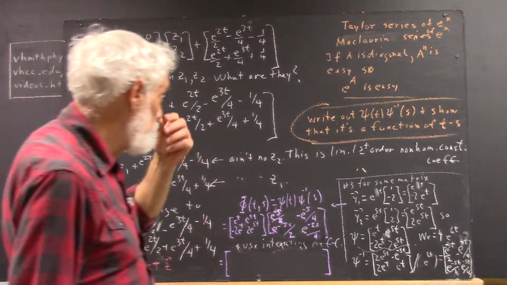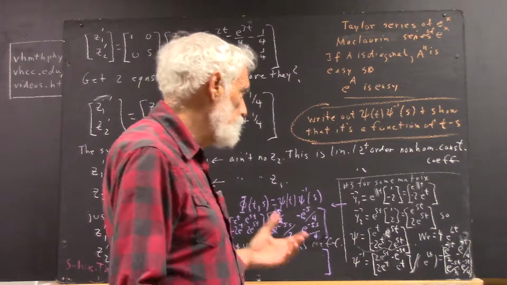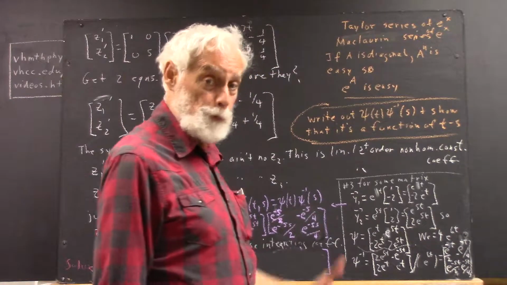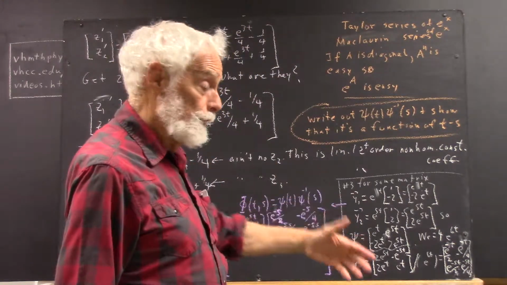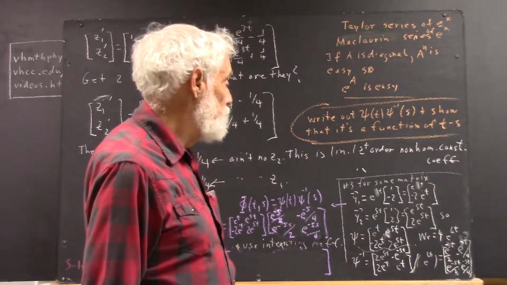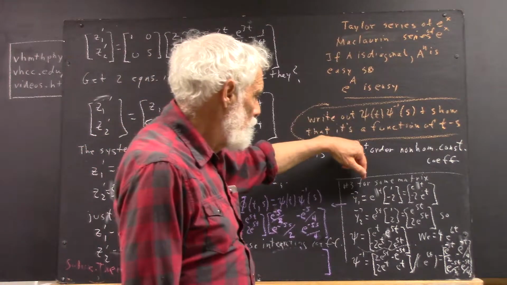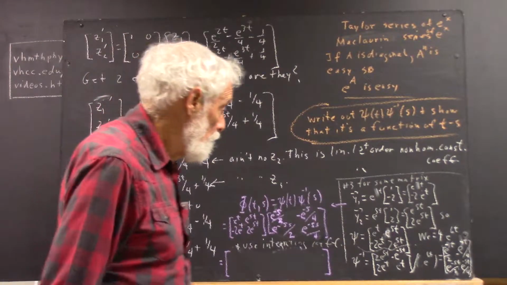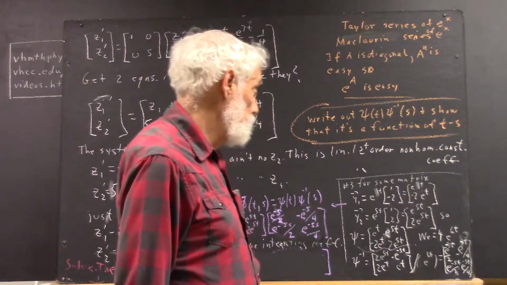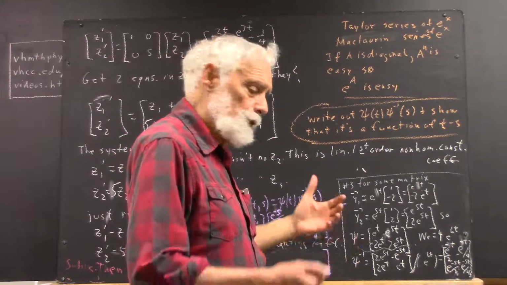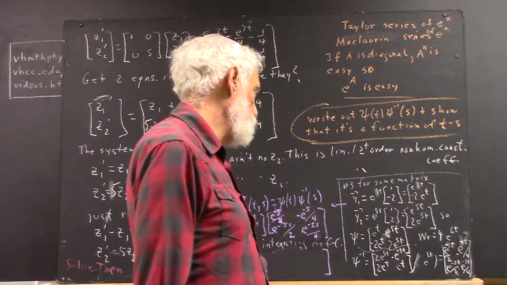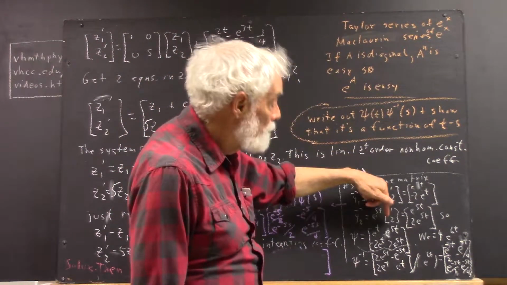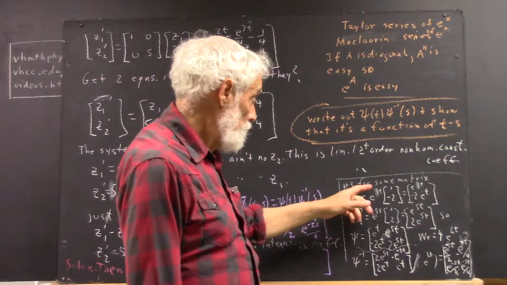Okay, now over here, you are asked to write out the psi of t, psi inverse of s matrix for a given system. The system in number 3 uses the same matrix that we started with, and it's just the homogeneous system for that matrix, and we get the same eigenvectors and the same eigenvalues.